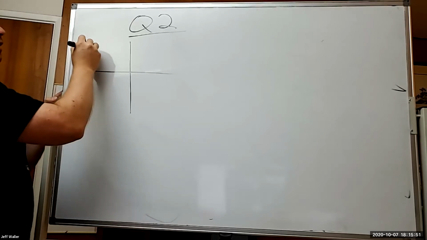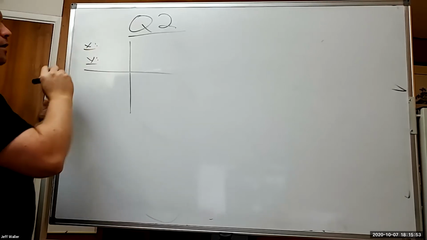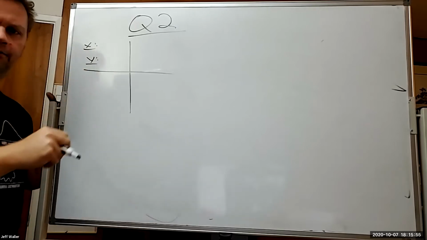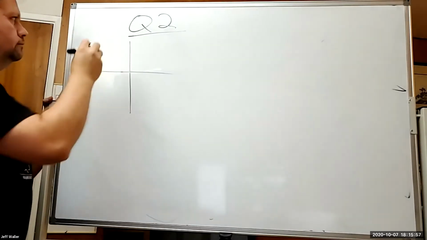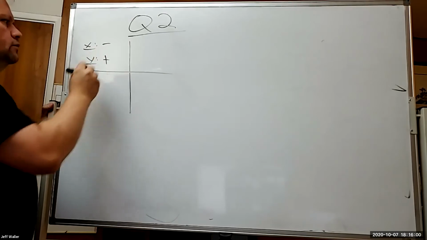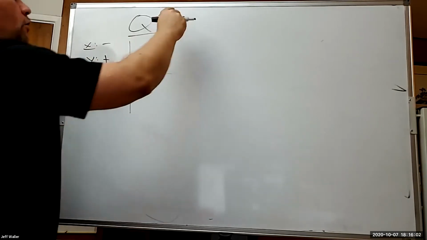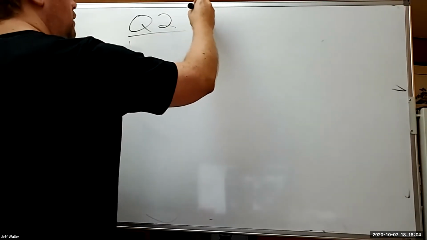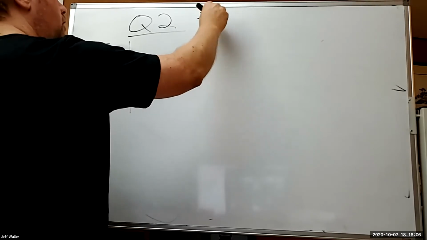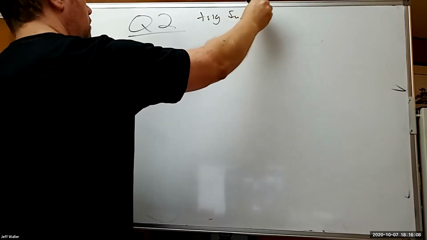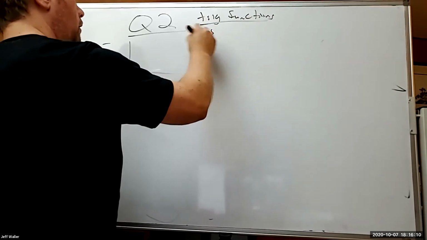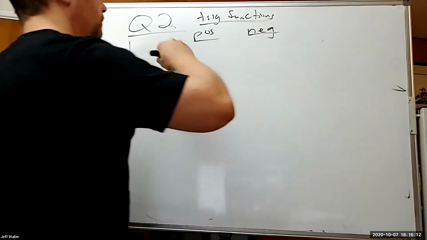My x's are what, and my y's are what? X is negative, Y is positive. Right. So in quadrant 2, which trig function or functions are positive? Which are negative?